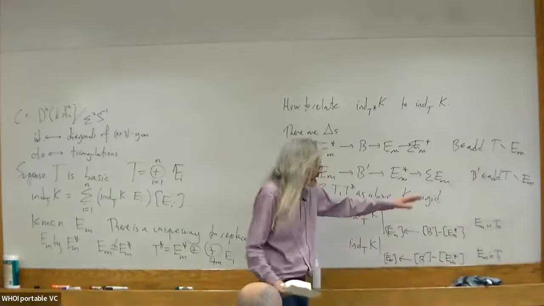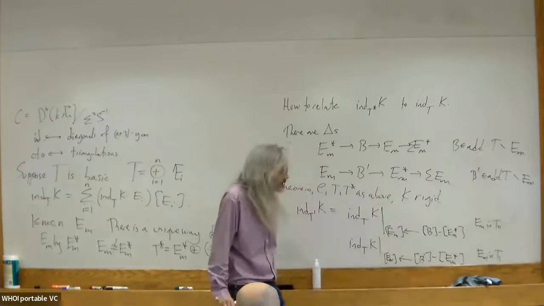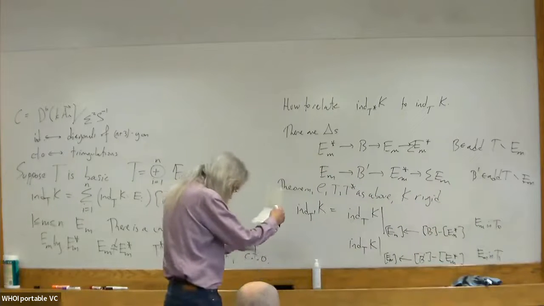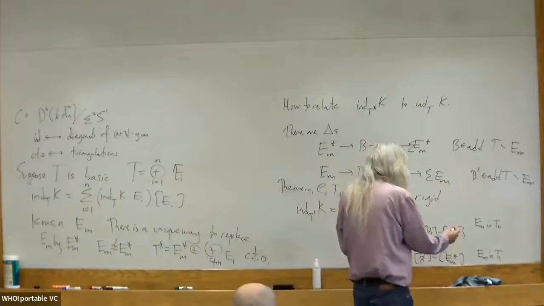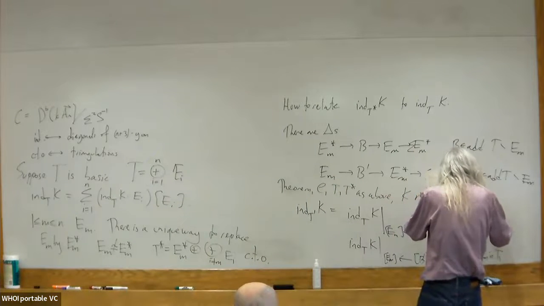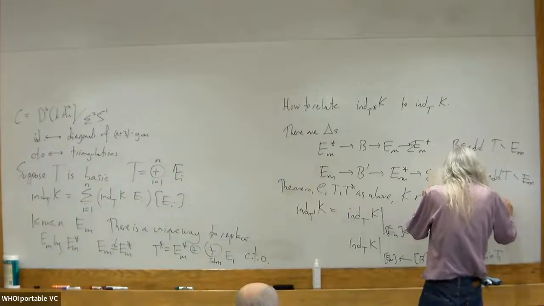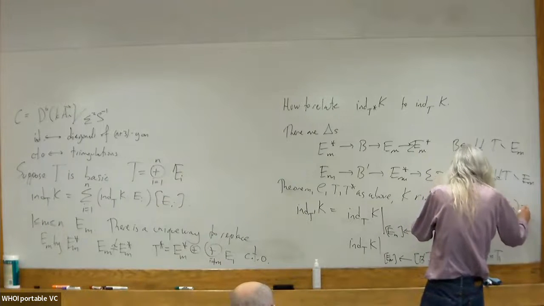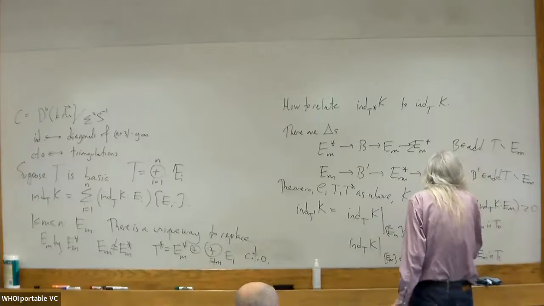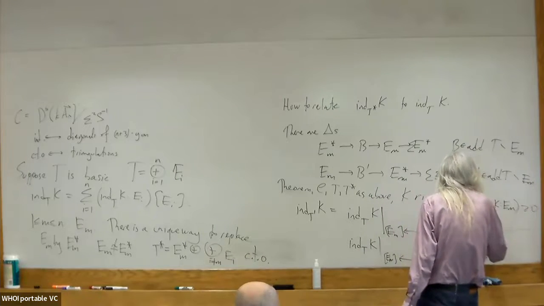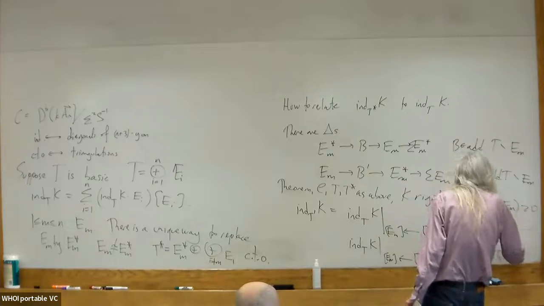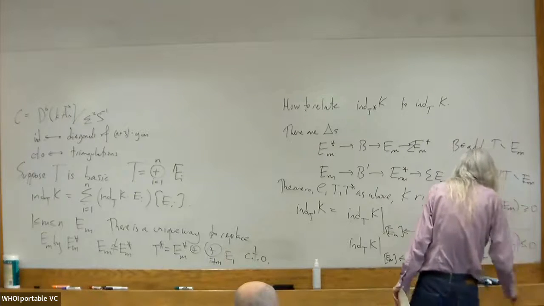And because K is rigid, EM can only appear in one of these two positions. And so this can also be described by saying that the index with respect to T of K, the coefficient of EM in it, is greater than or equal to 0. And in the second case, we can describe that as saying that the index with respect to T of K of EM is less than or equal to 0.